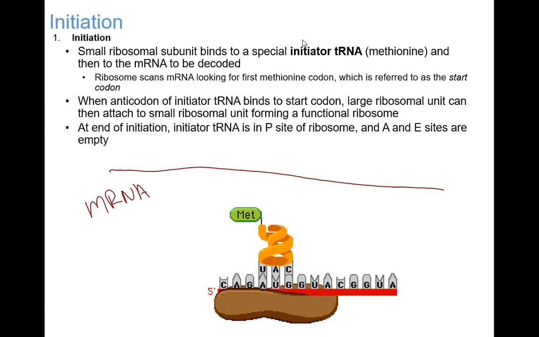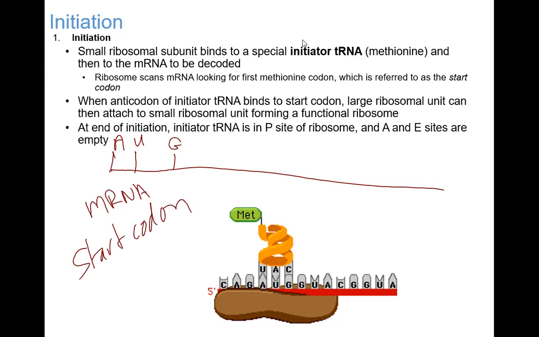The first codon you're going to encounter is AUG. AUG is the first codon on every strand. On every messenger RNA, it's always going to be AUG. This is the initiator. This is the start codon. Don't know why, but that's what it is.